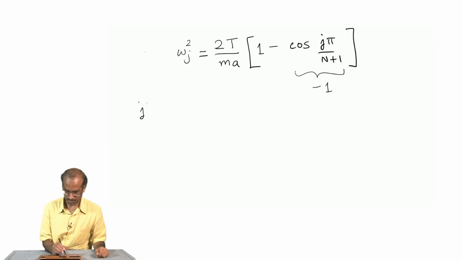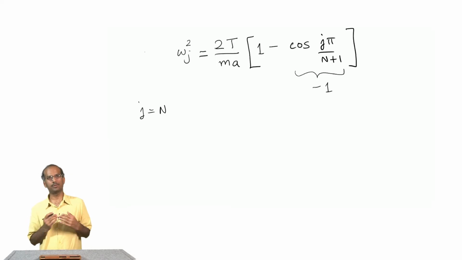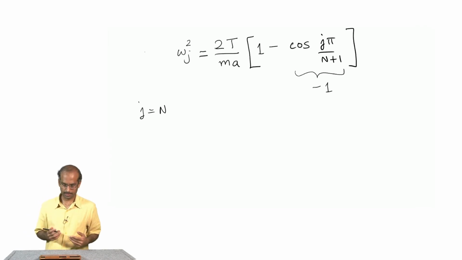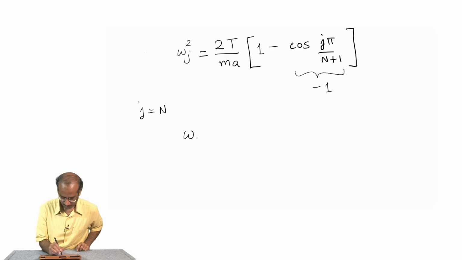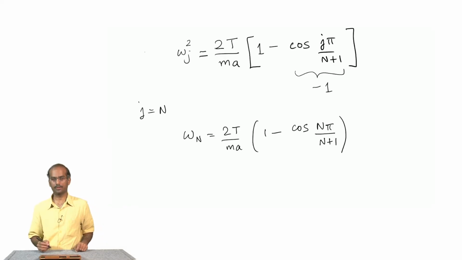In other words, we are looking at the largest mode. The frequency of the first mode is the lowest, and the next one has higher frequency and so on. So, the nth mode should have the highest frequency. I am going to set j equal to n, in which case omega n will be equal to 2T by m a into 1 minus cos n pi by n plus 1.